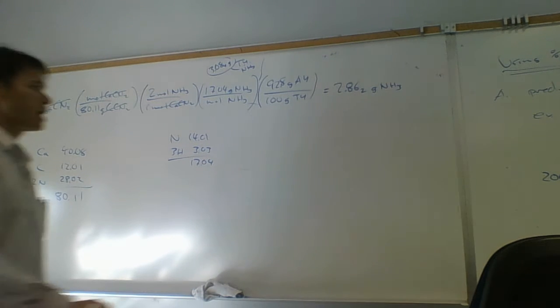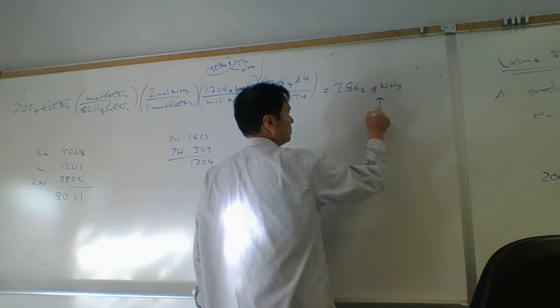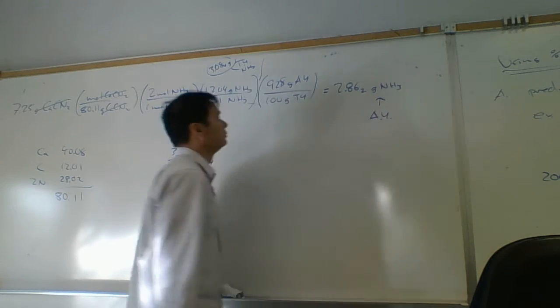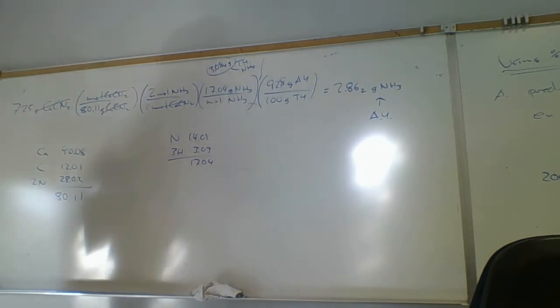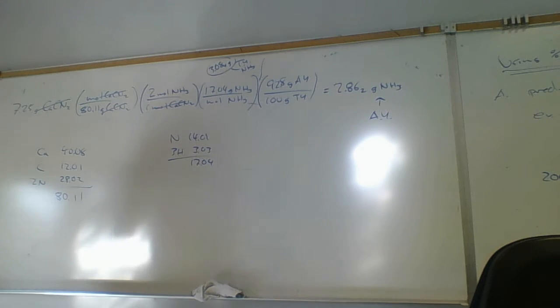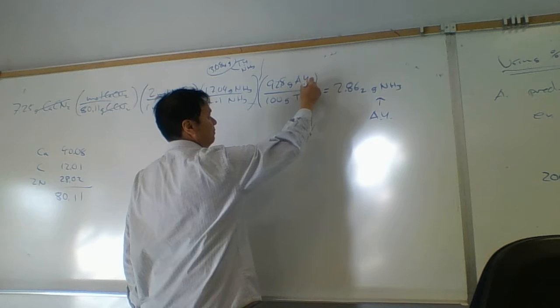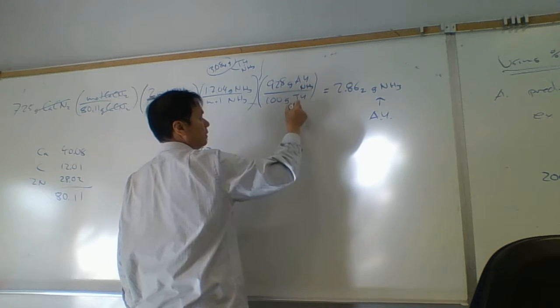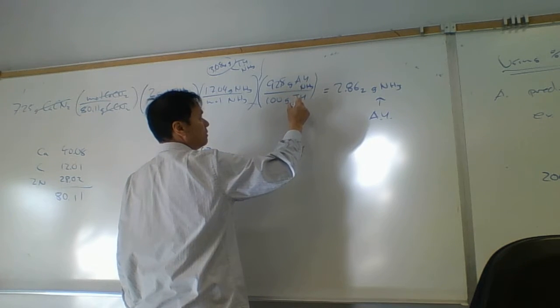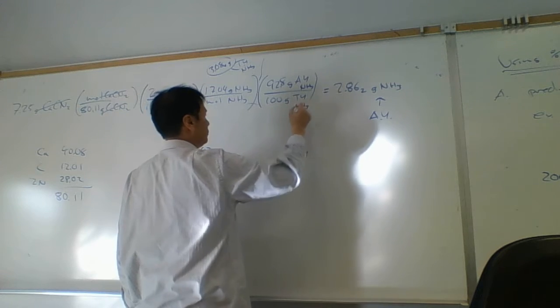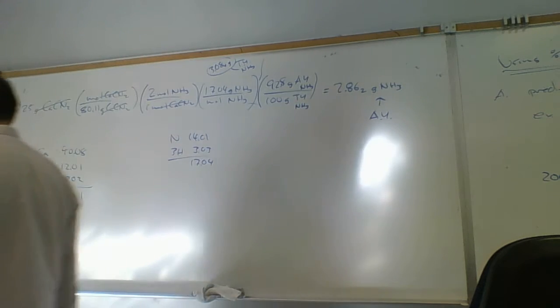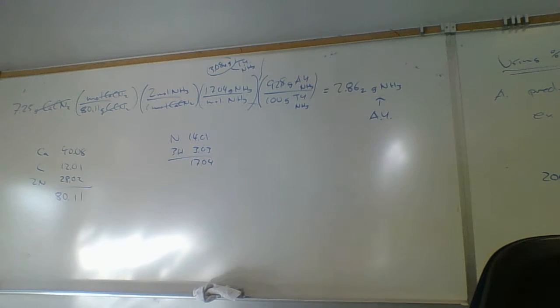So we call this the actual yield here. And so for every 92.8 grams actual yield of ammonia, I'm going to have 100 grams of theoretical yield of ammonia. So that's calculation of the actual yield.